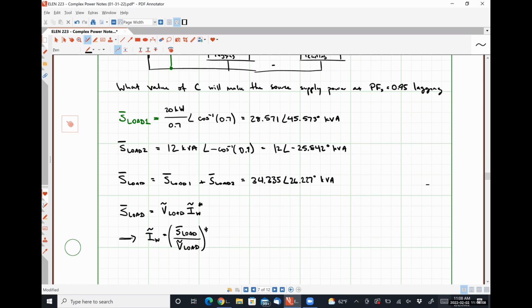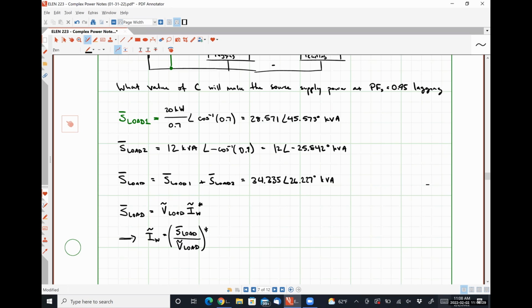So the algebraic steps that I'm taking here are I'm doing the complex conjugate of both sides of the equation. So that's going to put a conjugate here and a conjugate here and get rid of this conjugation here. And then I simply solve for the quantity I_W.